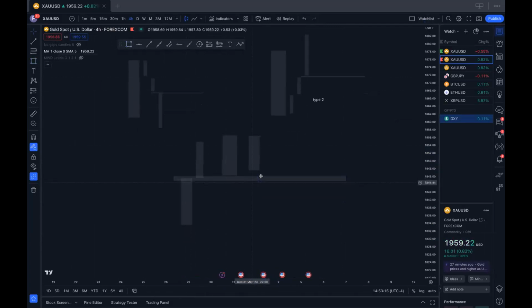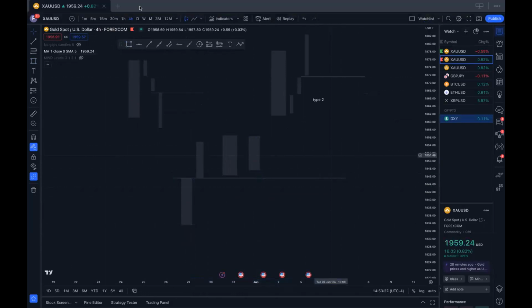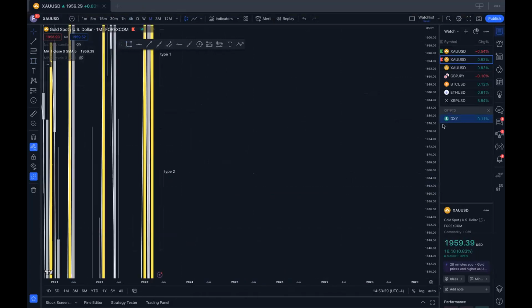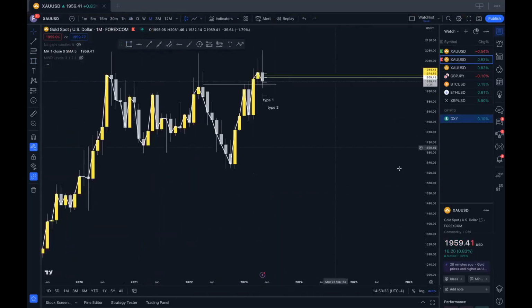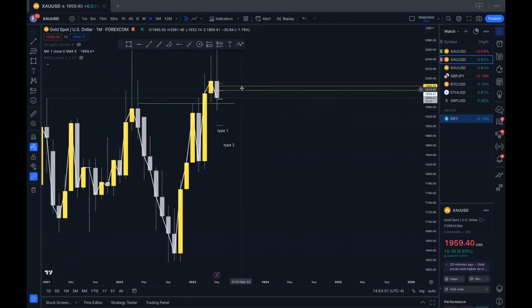So pretty much what I'm looking at on weekly, daily, H4, sometimes monthly, if it's close to the end of the month, then like right now, if we look on the monthly, we could see something very important for gold.